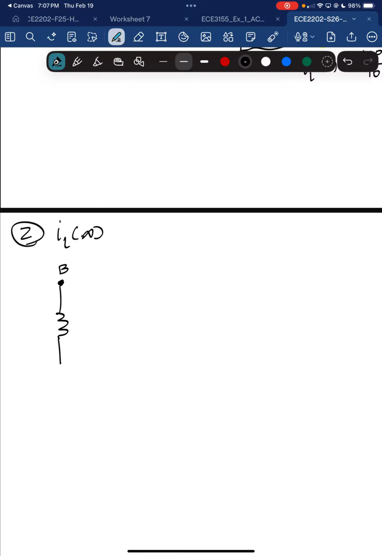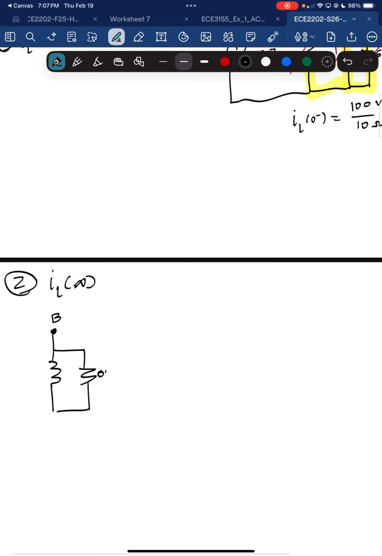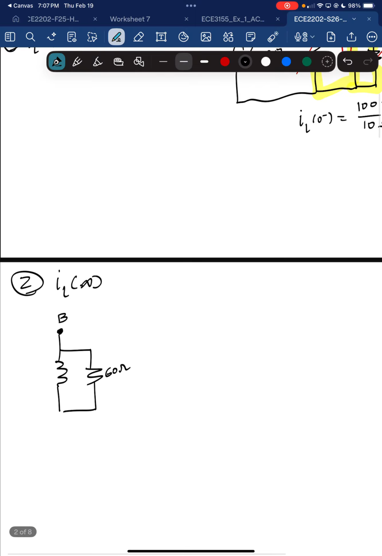I'm going to draw the inductor. Right, and then this is 60 ohms. And remember, since we're looking at the steady state condition when t approaches infinity, the inductor is going to become a short circuit.